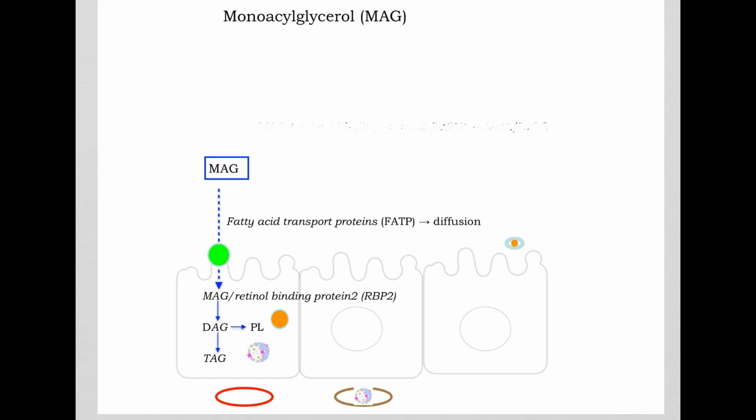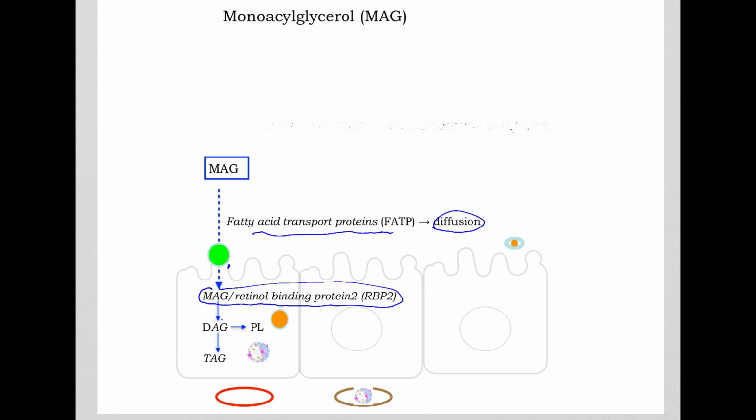Any monoacylglycerol will be taken up by fatty acid transport proteins. They'll bind to fatty acid transport proteins and probably then diffuse across the plasma membrane and enter the cytoplasm. And in the cytoplasm, the monoacylglycerols are bound by the protein retinol binding protein 2, or RBP2.